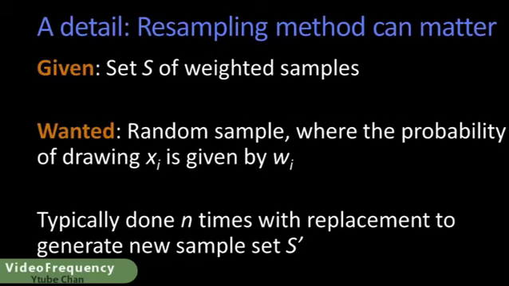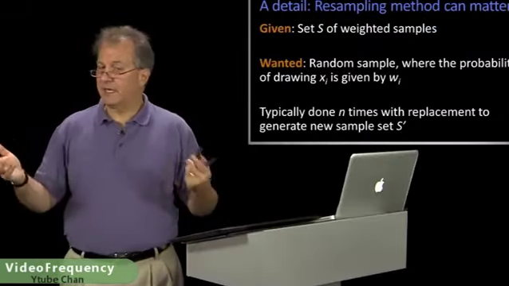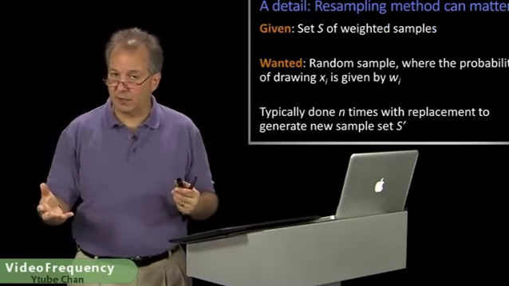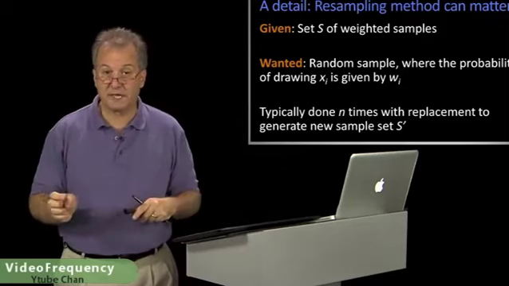I go grab a sample where the probability of pulling out that sample for state X is proportional to the weight of that sample. And typically, I'm doing this a constant amount of time, so n times. So I'm using 1,000 samples, 10,000, however many samples, I'm doing that every time. We'll talk, actually not today, but next time, that number can get kind of big if your state space gets large. So being able to sample effectively or efficiently or less often is kind of important.